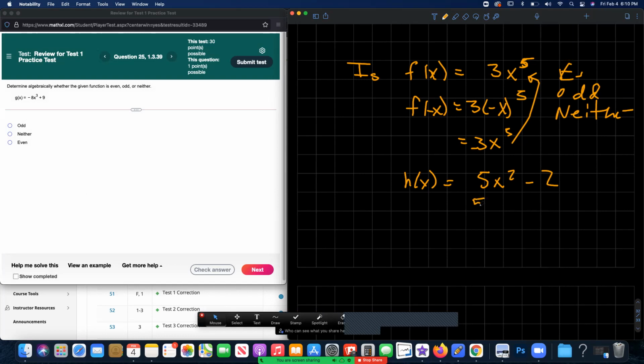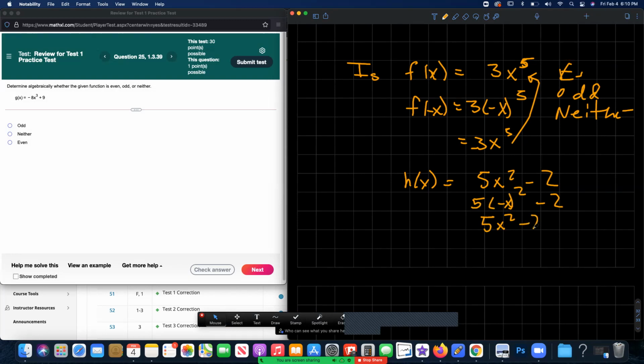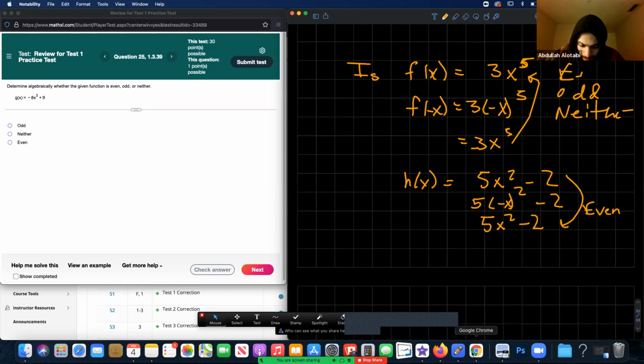We got 5 negative x squared minus 2, and negative times a negative is positive, so it stays the same. It does stay the same, so therefore it is even. Remember, the only time that adding a constant works is if it's odd. Exactly.